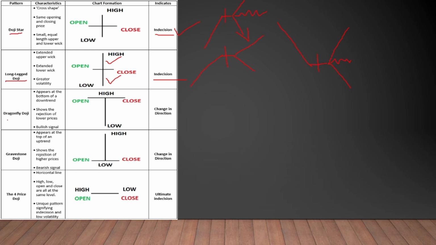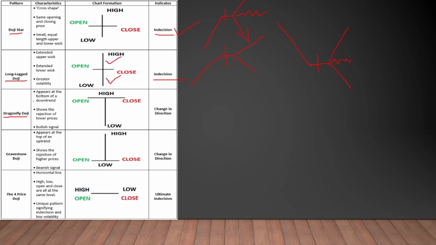Now let us try to understand, friends, one more interesting doji candle, which is a dragonfly doji. Whenever we see this kind of pattern, we need to be a bit more cautious about where exactly this dragonfly doji candle is formed.